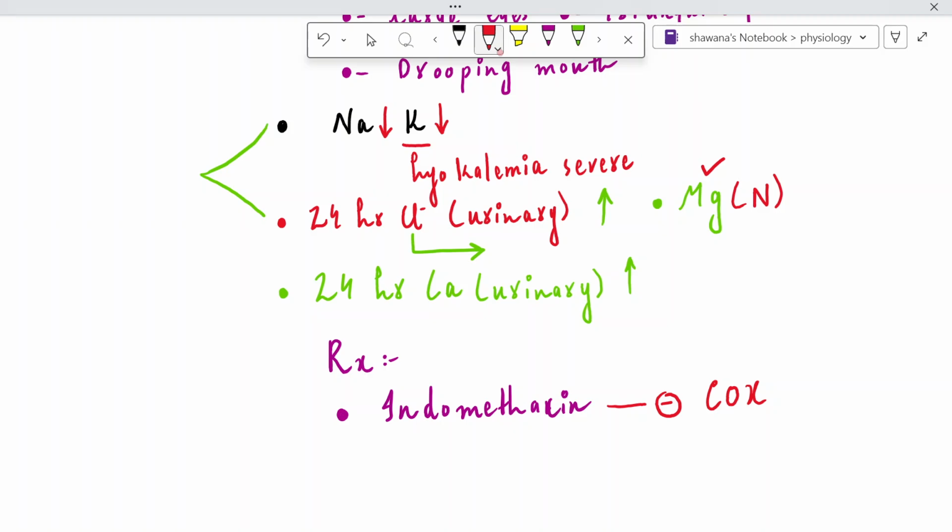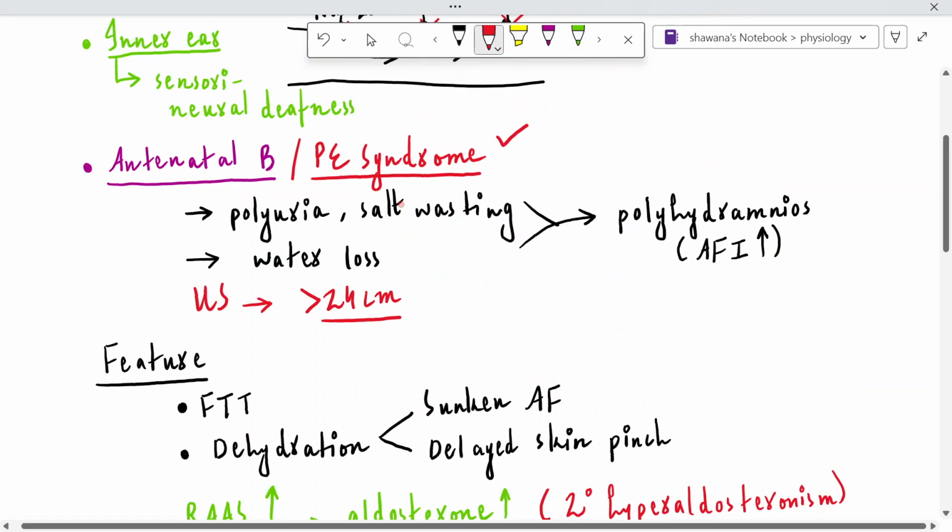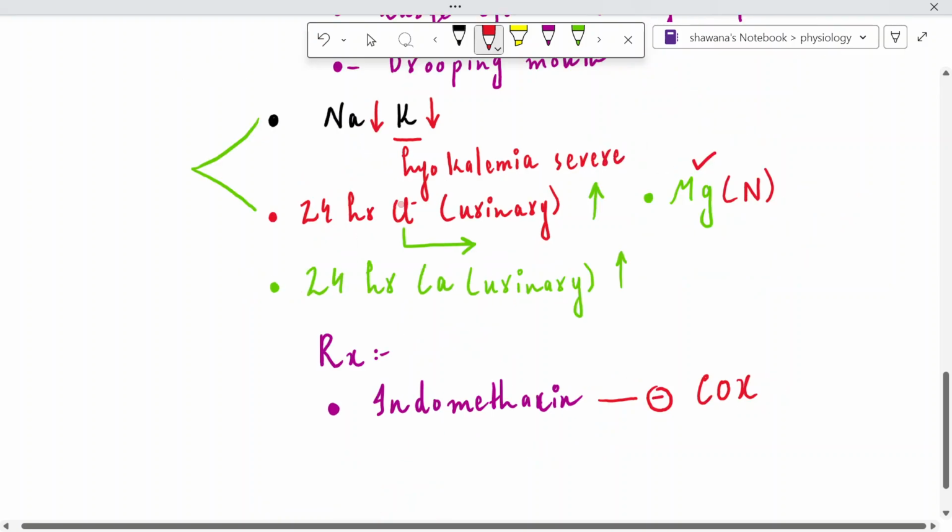As you remember, antenatal Bartter syndrome, let's move upwards. The antenatal Bartter syndrome is also known as prostaglandin E syndrome, in which the serum prostaglandin is increased. So indomethacin is a COX inhibitor.